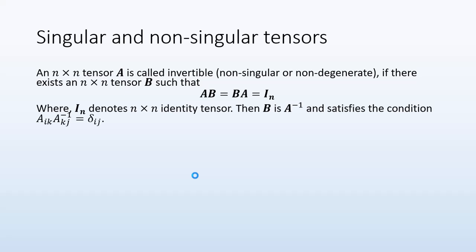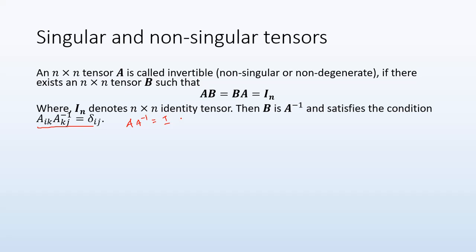By definition, an n by n tensor A is called invertible if there exists an n by n tensor B such that AB is equal to BA is equal to I_n. Here I denotes the n by n identity tensor, and B is written as A inverse such that it satisfies this condition, that is, A A inverse is equal to I.